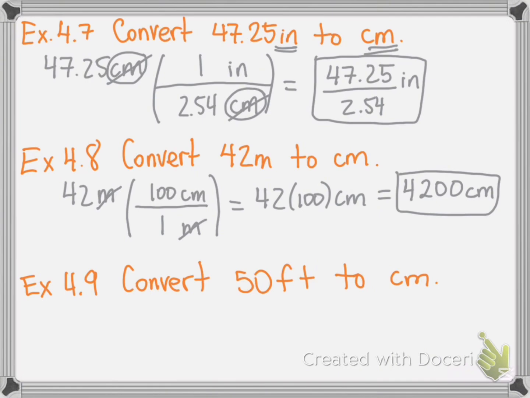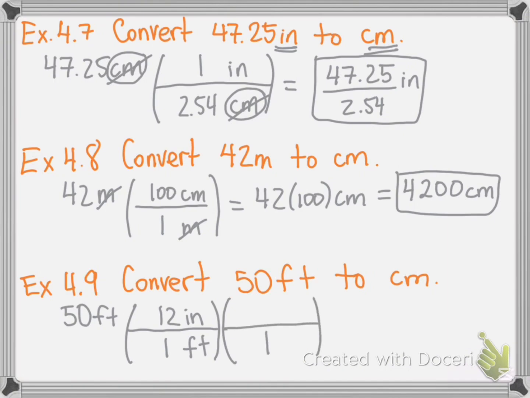In example 4.9, we have to convert from feet to centimeters. So we go from the American system to the international system. Now, we need 2 steps because we don't know how many centimeters are in a foot, but we do know that 1 foot is 12 inches. So we go from feet to inches, and then from inches to centimeters.